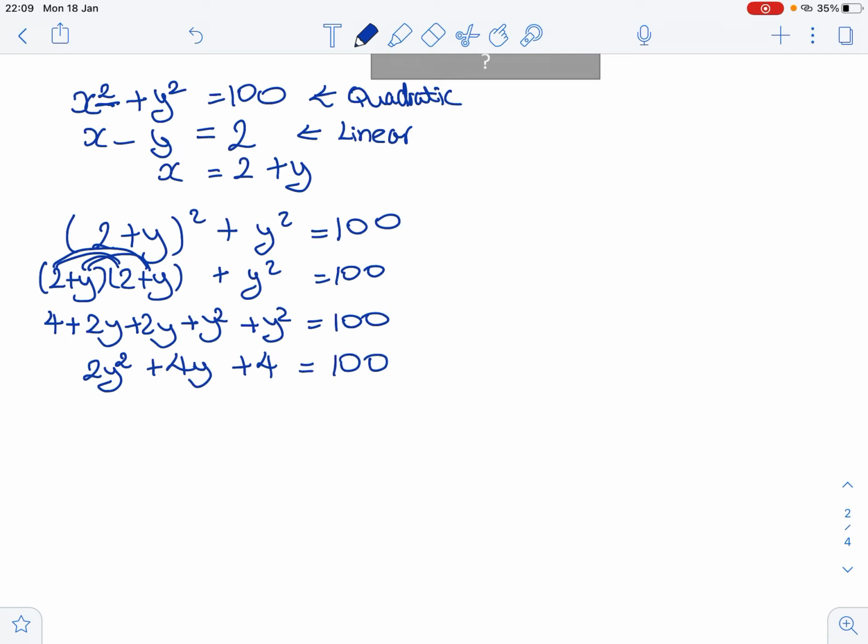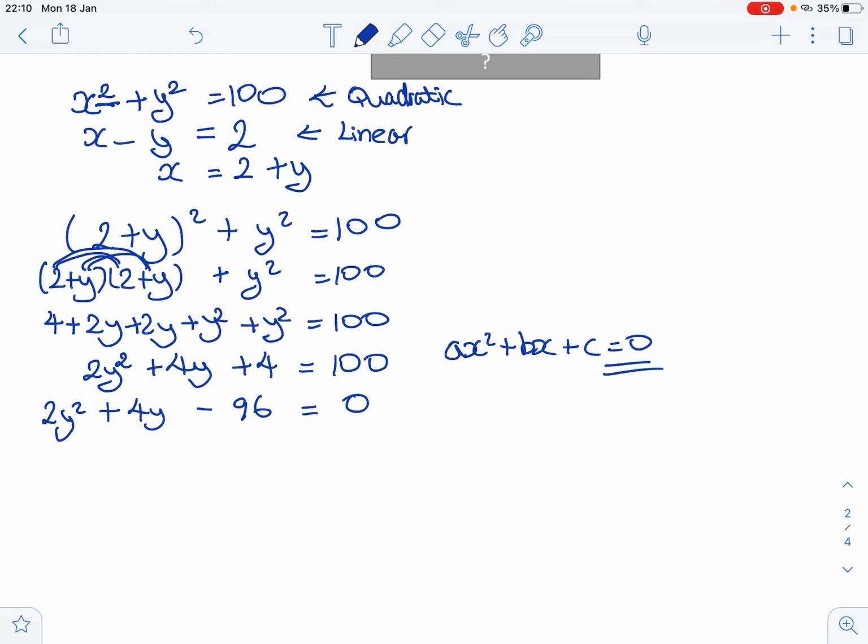Now we have a quadratic. Remember, to solve a quadratic, we need to write it in the form ax squared plus bx plus c equals 0. We can only solve a quadratic when we set it to 0. So let's rearrange: 2y squared plus 4y plus 4 minus 100 is minus 96, equals 0.